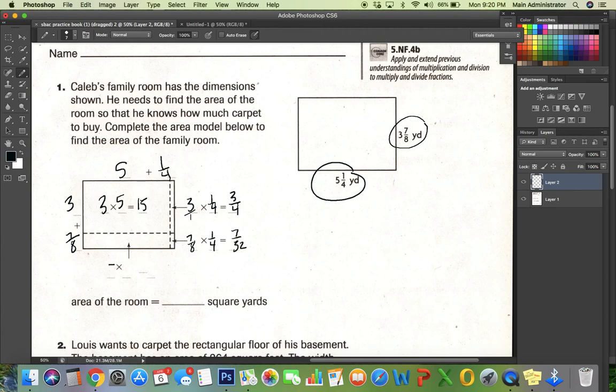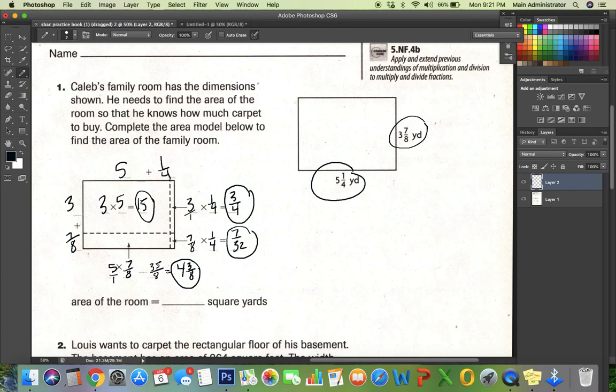And this is 5 times 7/8. So I'm going to make numerator over denominator and get 35/8, which reduces to 4, because 8 times 4 is 32, and 3/8. So now I have 3/4, I have 7/32, I have 4 3/8, and I have 15.